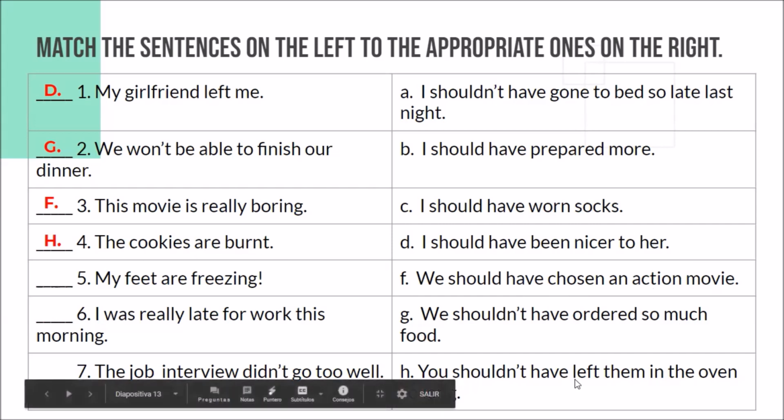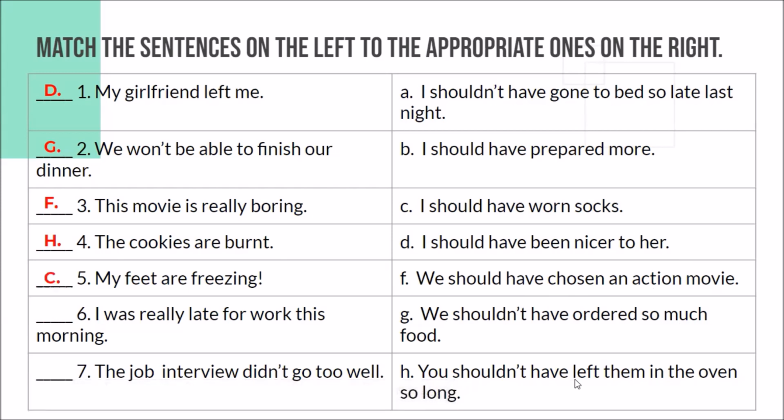You shouldn't have left them in the oven for so long. 5 is C. My feet are freezing. I should have worn socks. 6 is A. I was really late for work this morning. I shouldn't have gone to bed so late last night. And finally, 7 is B. The job interview didn't go too well.